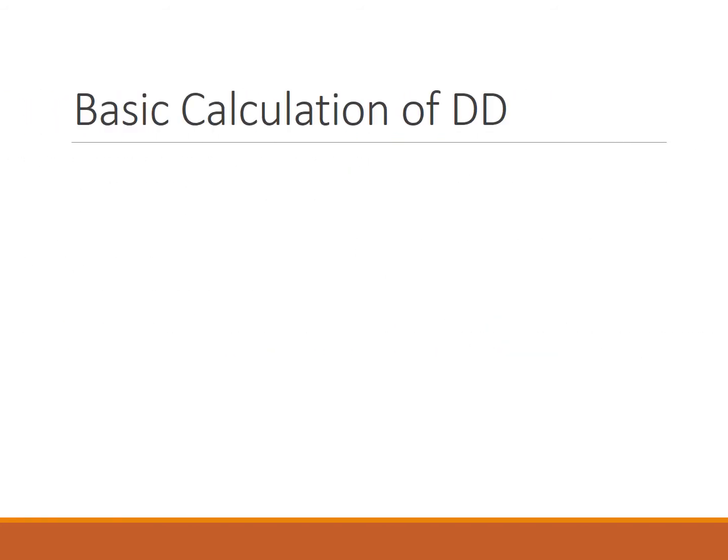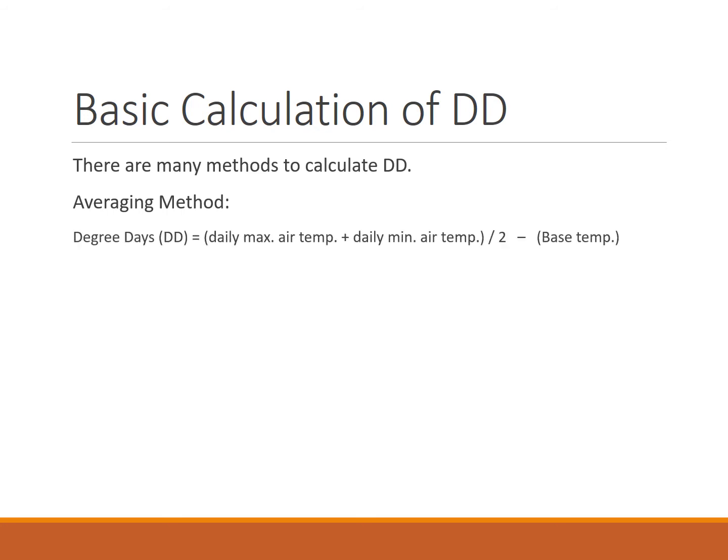So let's talk about how degree days are calculated. There are many ways to calculate degree days, but the method that I'm going to illustrate to you is called the averaging method. And it goes as follows.